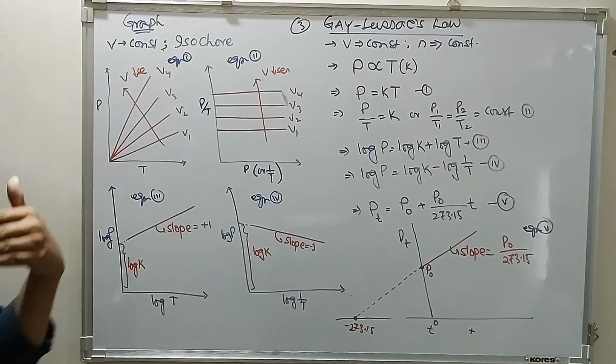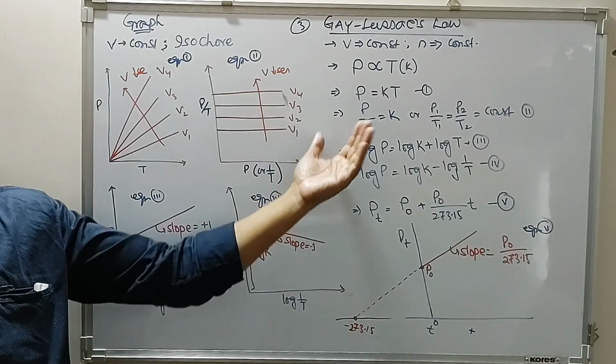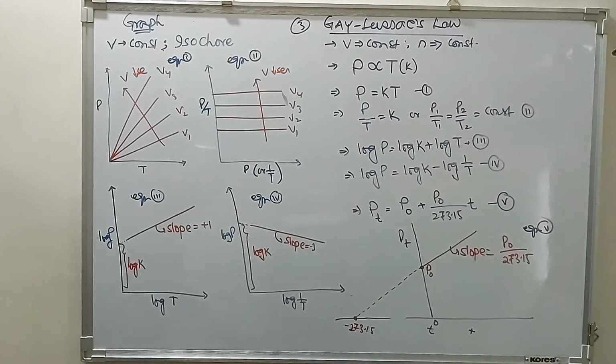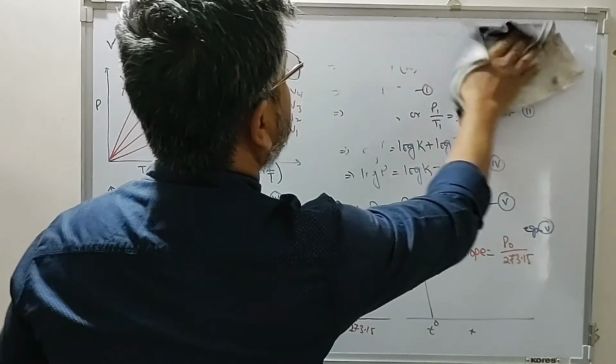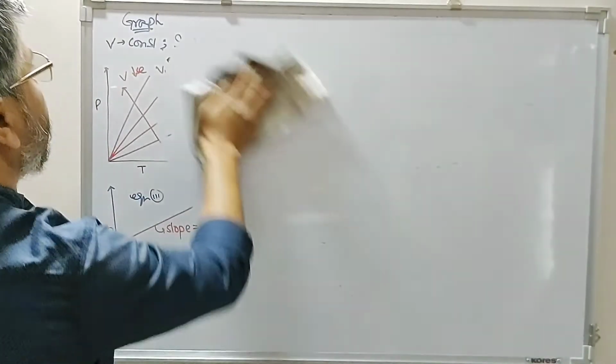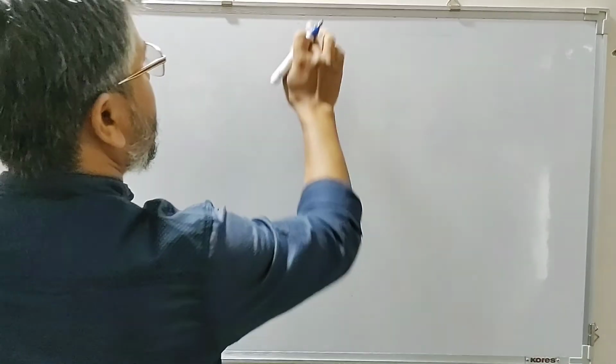The only difference is in one case we have pressure and the other case we have volume occupied by the gas. Next gas law, experimental gas law, is Avogadro's law.